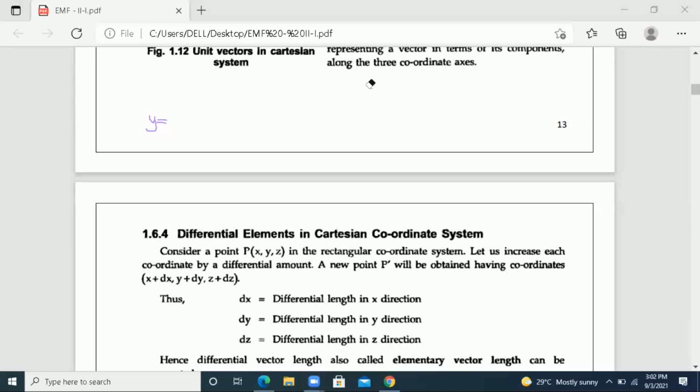I'm going to get back my marker. You're going to bring your cursor up to the top to make the bar drop back down, so you can select the marker.